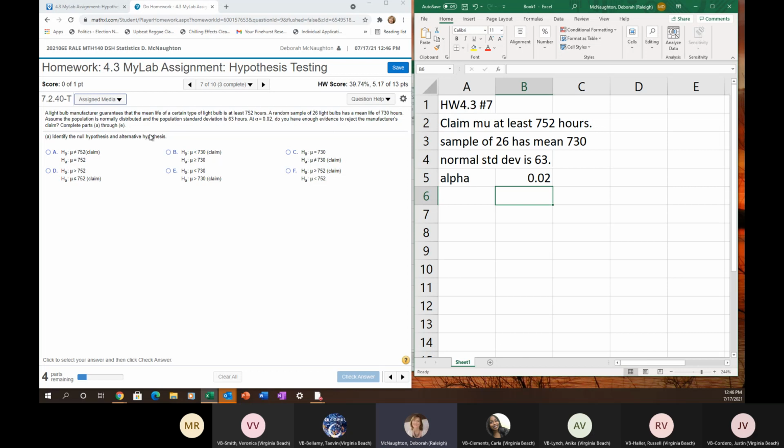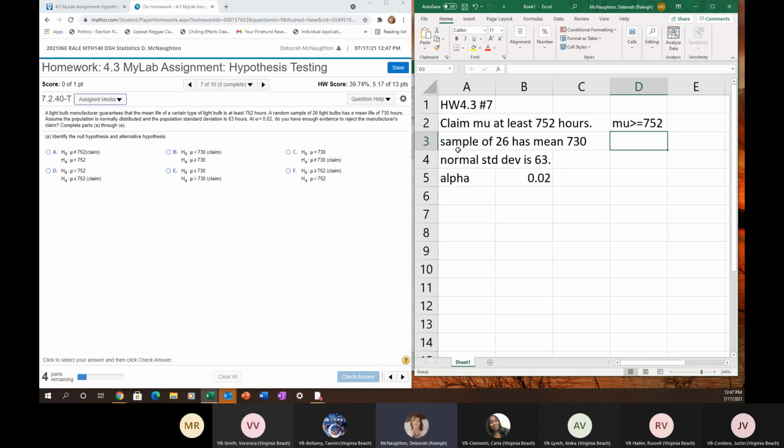And then it says, do you have enough evidence to reject the claim? So the first thing is, we're going to start with this. The claim is the mean is at least 752 hours. So at least is greater than or equal to. So this claim is mu greater than or equal to 752. So that's what the claim is.